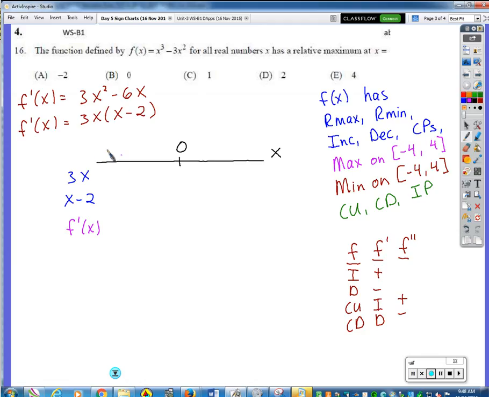Just want you to say the answer as I ask you the question. If you take negative 100 and plug it into this x, will this be positive or negative? Negative. Negative 100 plugged into this x will be negative.